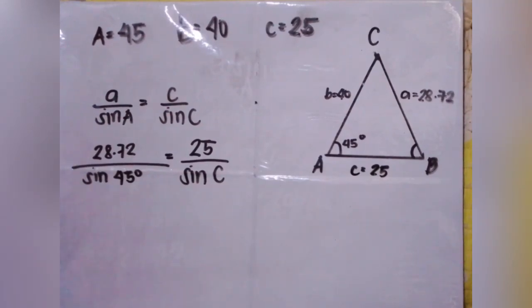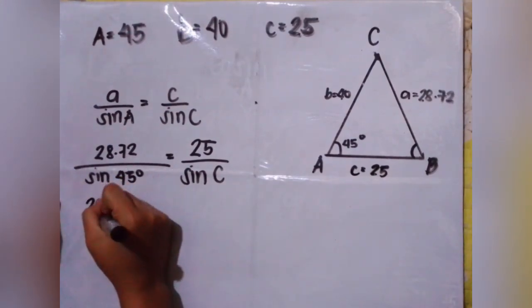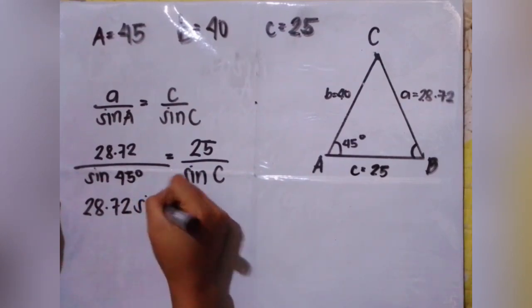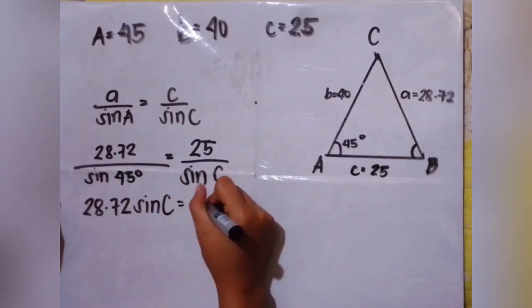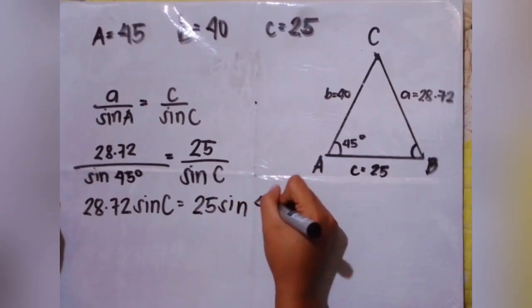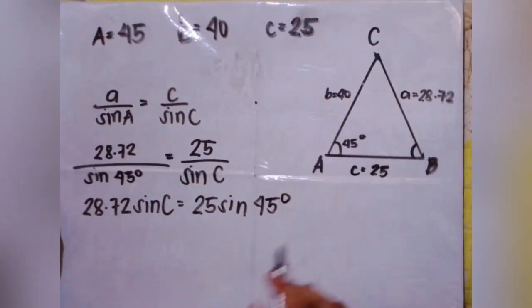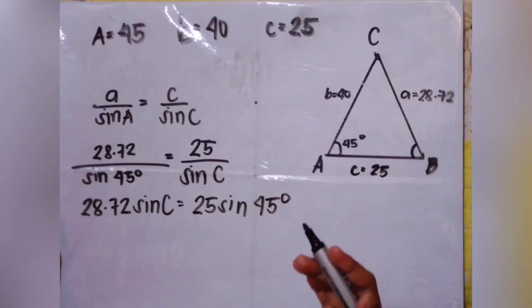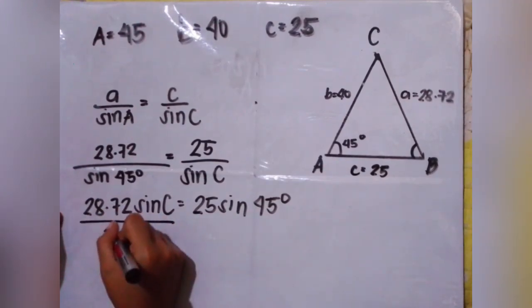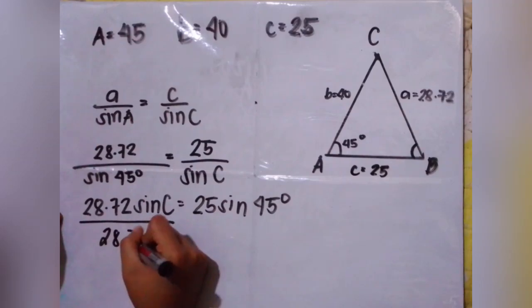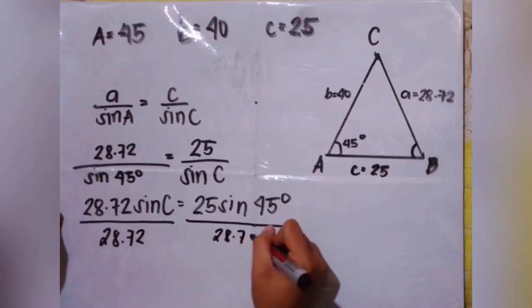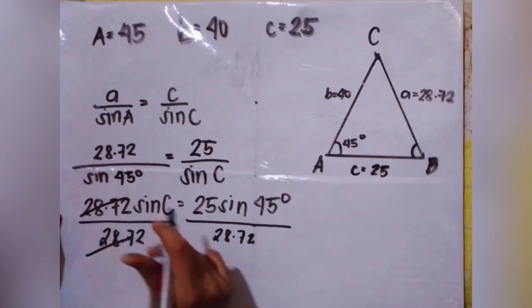So, 28.72 sine C is equal to 25 times sine 45 degrees. Then, to solve for sine C, divide both sides by 28.72, then cancel.